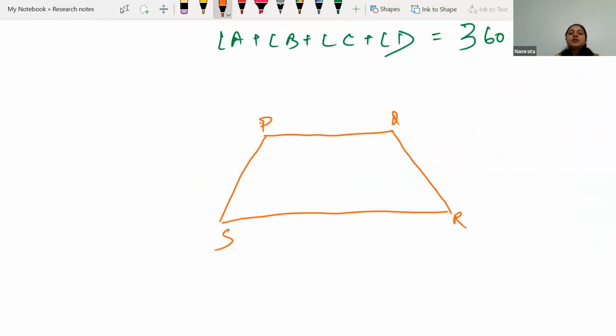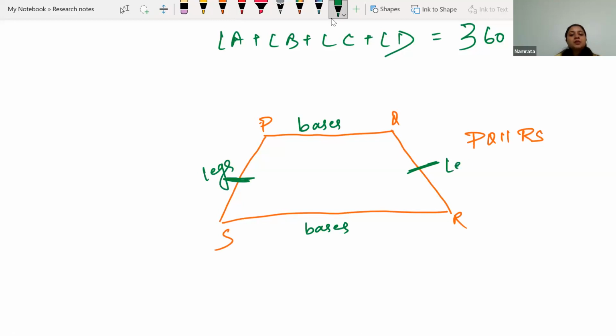So here there will be one pair of parallel sides. You can see PQ is parallel to RS, and the other pair, that means PS and QR, are not parallel. The parallel sides are known as the bases of the trapezium, and the non-parallel sides are known as the legs of the trapezium.